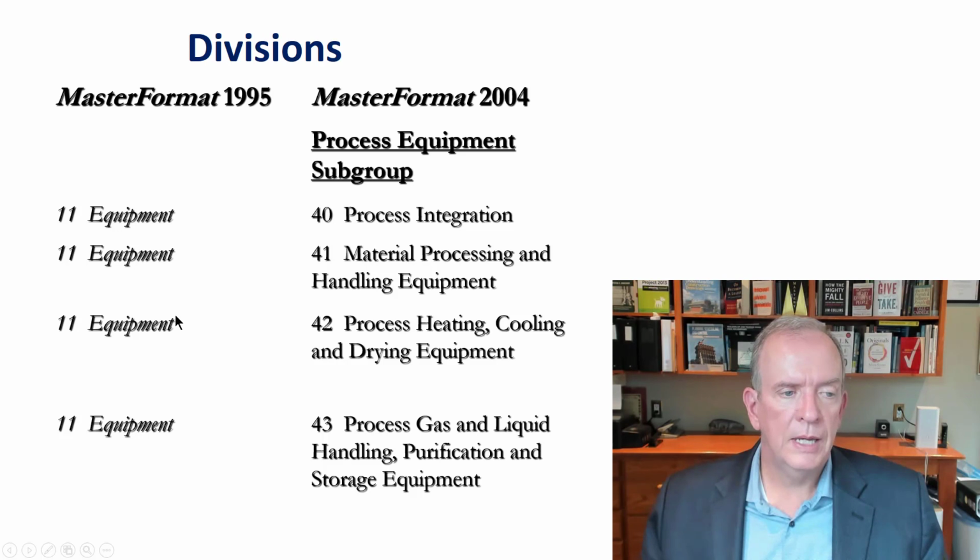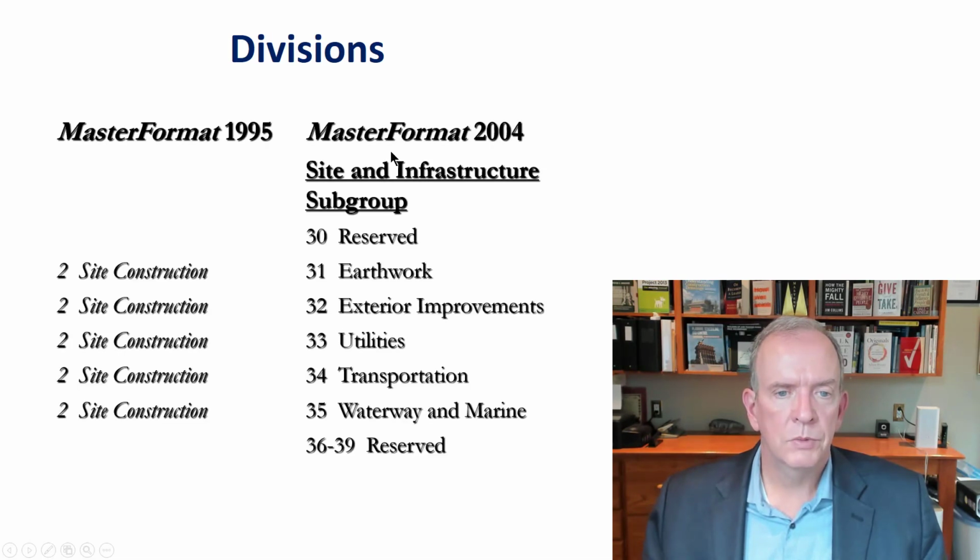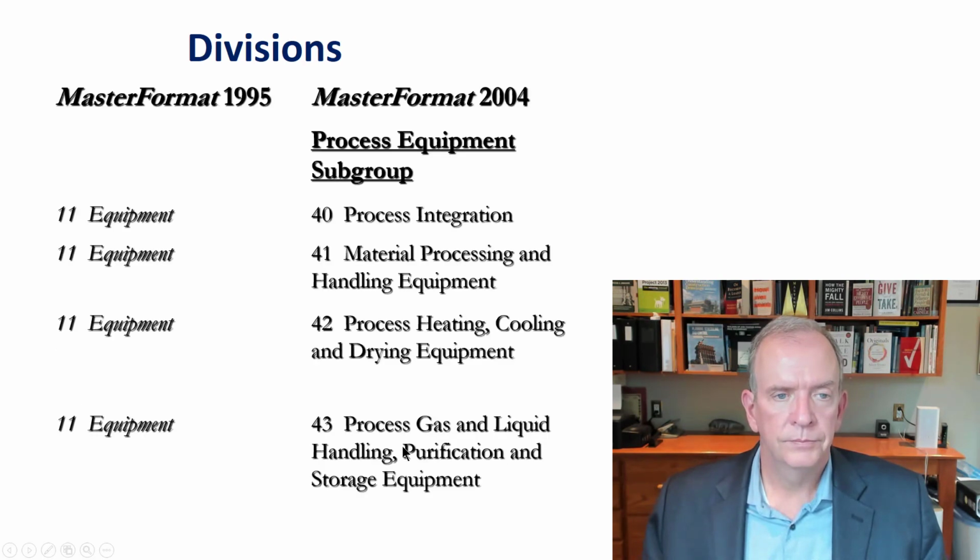11, equipment. Well, again, equipment can mean a lot of things, right? So now it does. And so this is getting under the subsections. Process equipment subgroup. The previous one was site infrastructure subgroup, and this can include a lot of things under it. Eglinton Crosstown, LRT, all of the tunneling aspect. Process equipment, material processing, process heating and cooling.